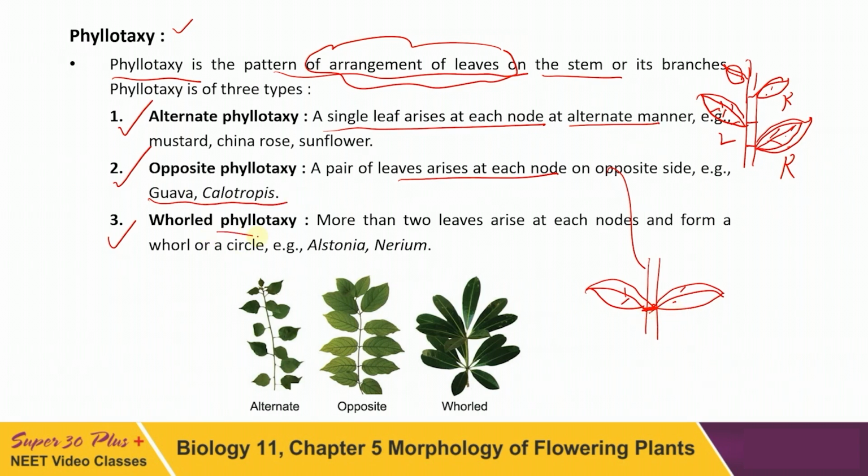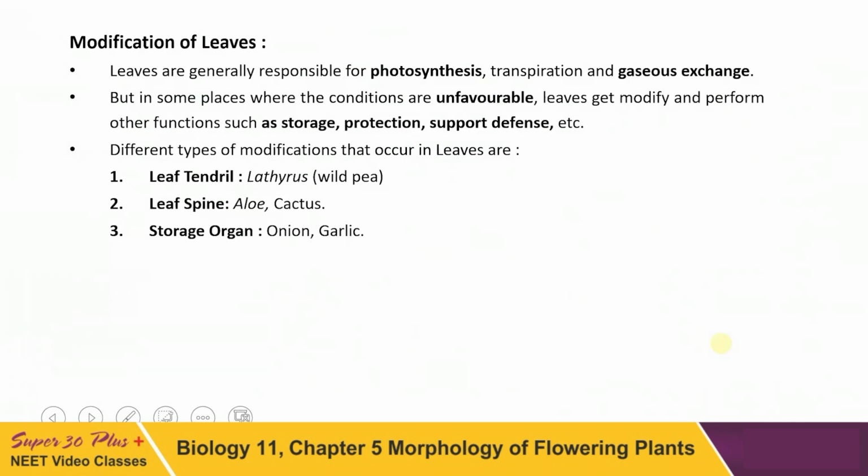Whorled phyllotaxy, in the case of Nerium, that is Kaner, and Alstonia. These are very popular plants. At one node, more than two leaves will arise, and they will make a whorl-like structure like this. That is known as whorled, as in the case of Alstonia and Nerium. Is it right? Come to the next now.